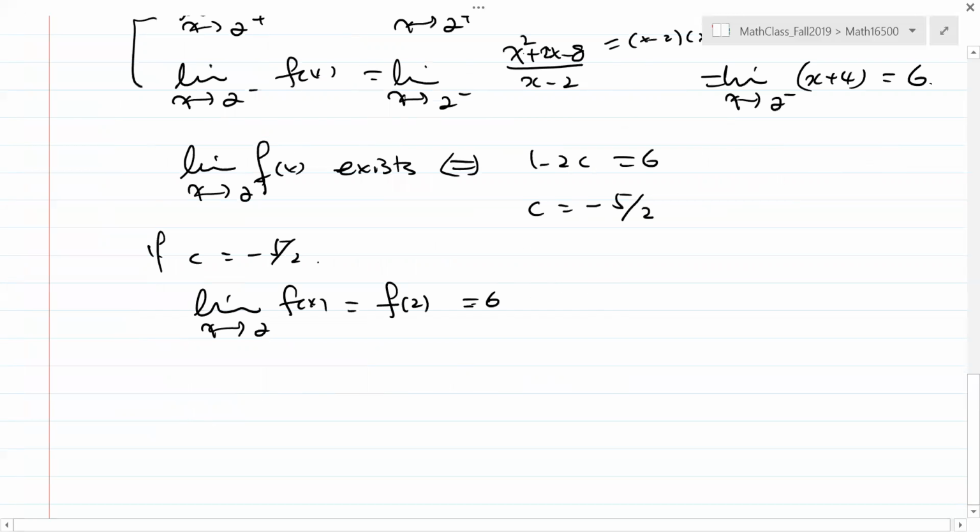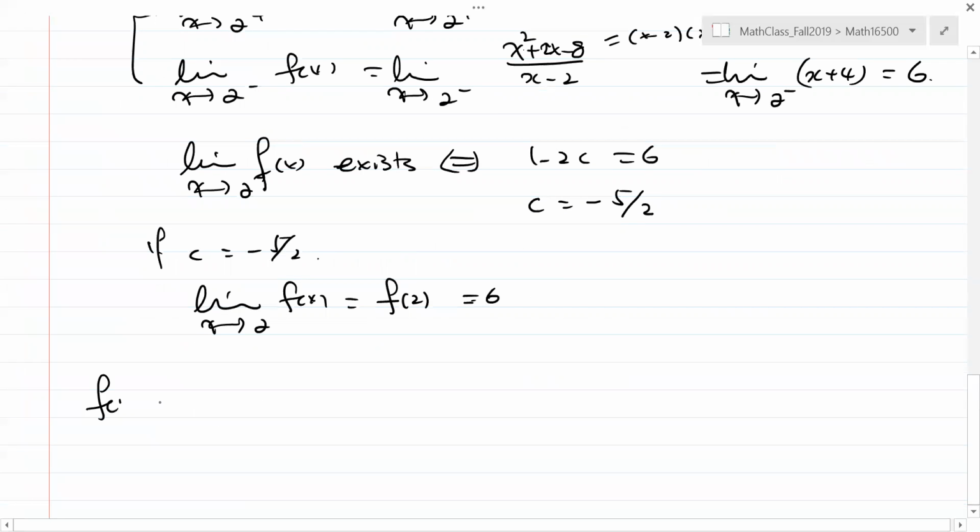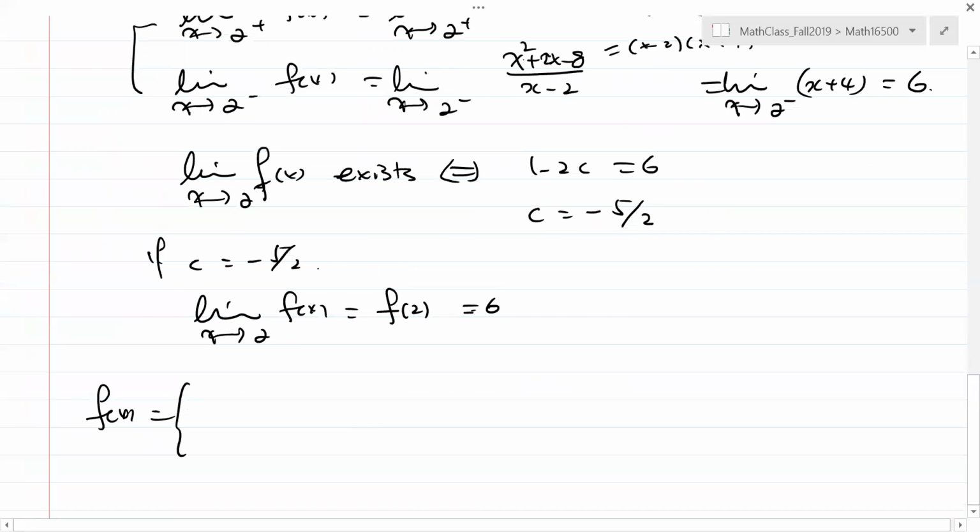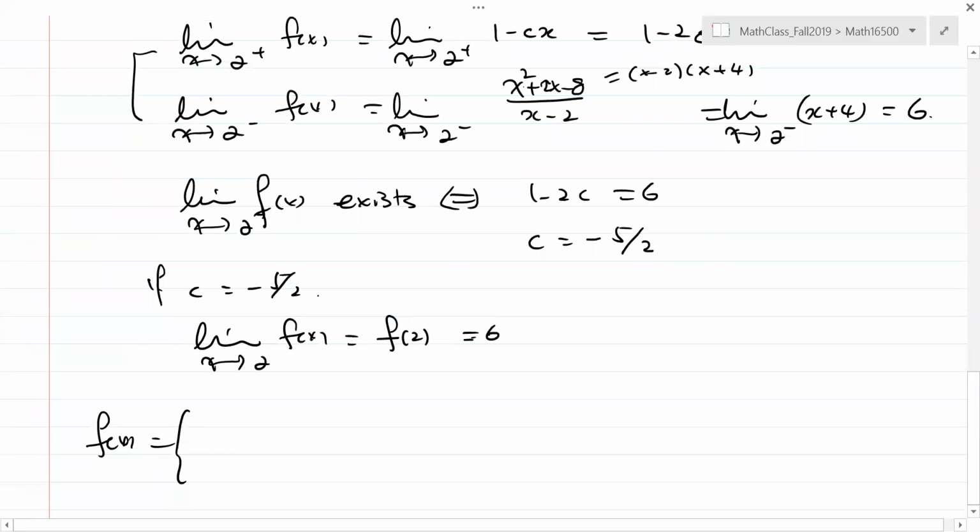Now here is another question. If I change the function a little bit, instead of this, I change the function to just x squared for simplicity: x squared minus 8 over x minus 2 if x is less than 2, and 1 minus 2c if x is greater than or equal to 2.